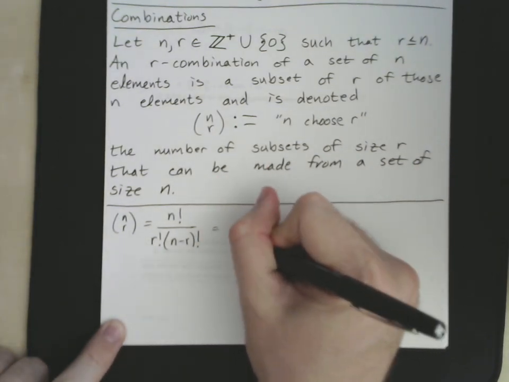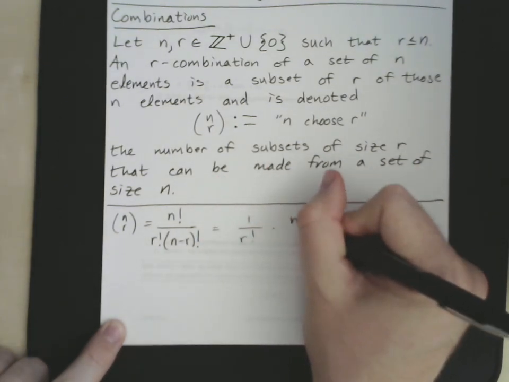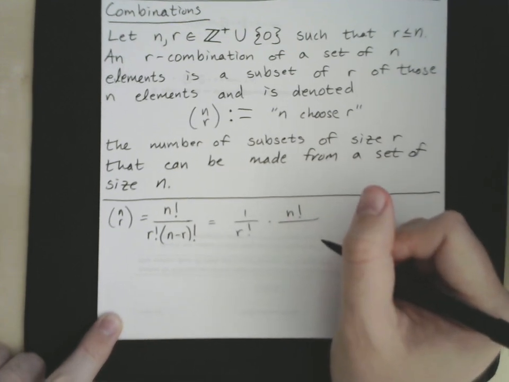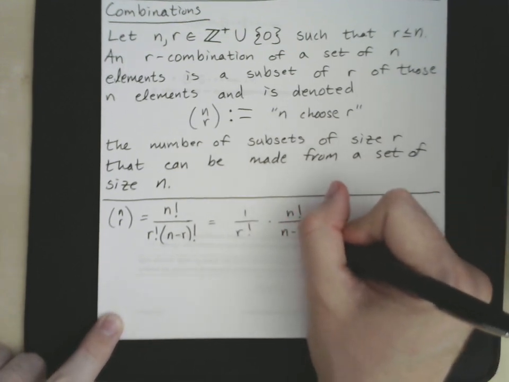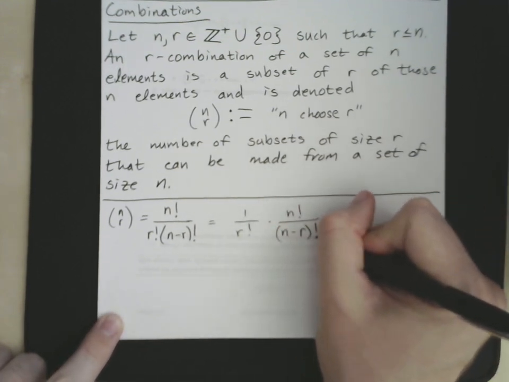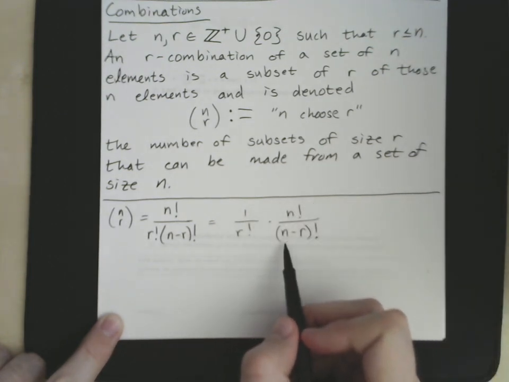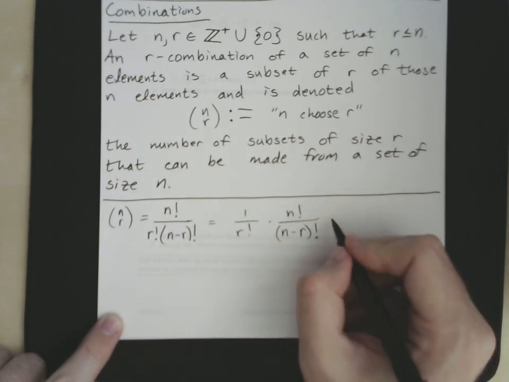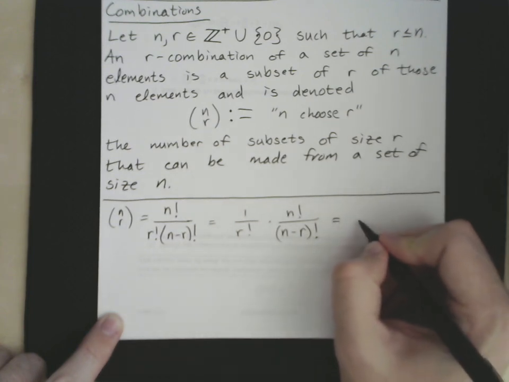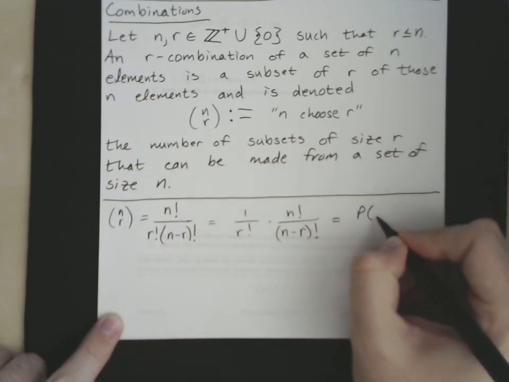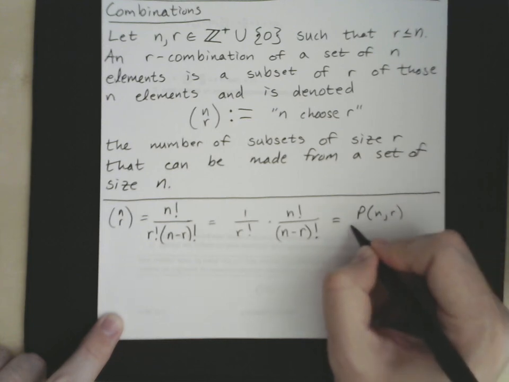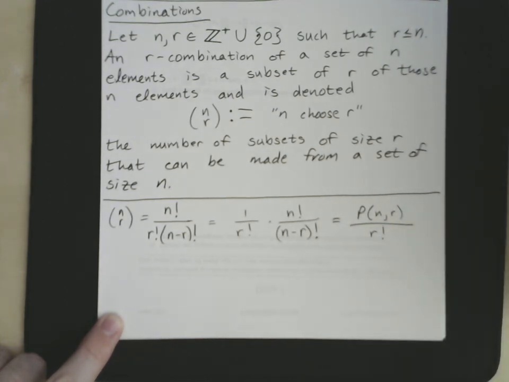Now you'll notice, if you're keeping up with your lectures, this piece right here is our permutations. This is our R permutation out of size n, in other words P of n comma R divided by R factorial.